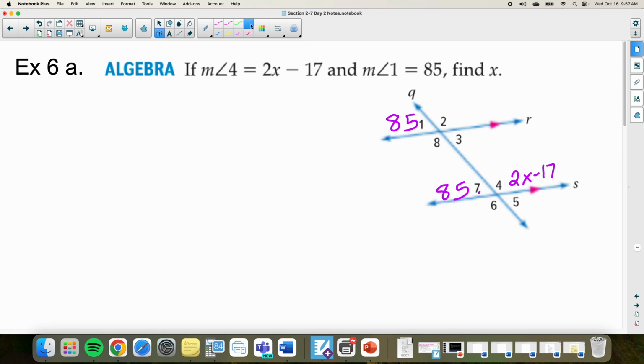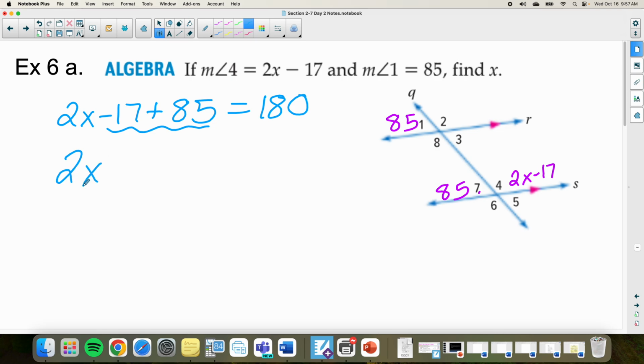And what I know here is that 2x minus 17 plus 85 should equal 180. Okay? Now, negative 17 plus 85 would be 68, I believe.